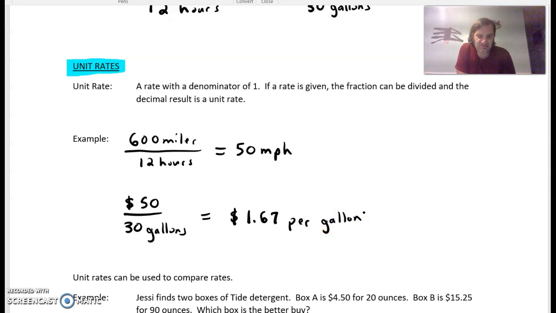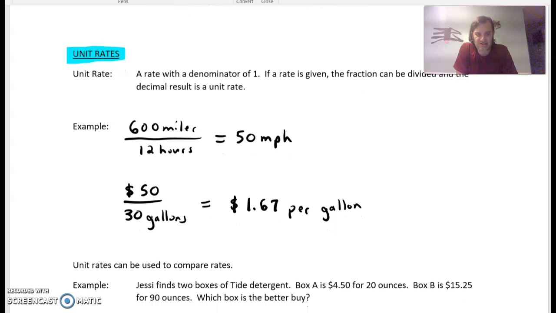I could still write it as $1.67 over 1 gallon, but dividing it out makes it easier to compare. So these are unit rates because you only see one number, and it's assumed that the denominator would be 1.